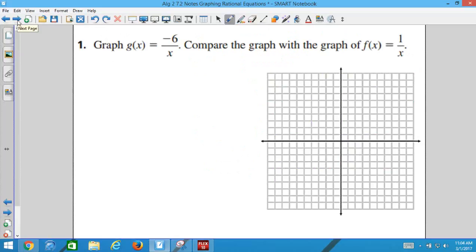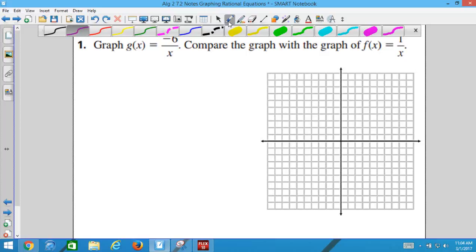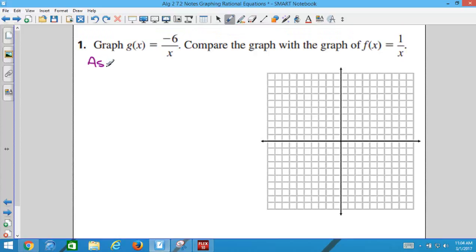So let's look at the next one. We're going to graph g of x equals negative 6 over x, and then compare it with the graph of f of x equals 1 over x. What are going to be the asymptotes for g of x?